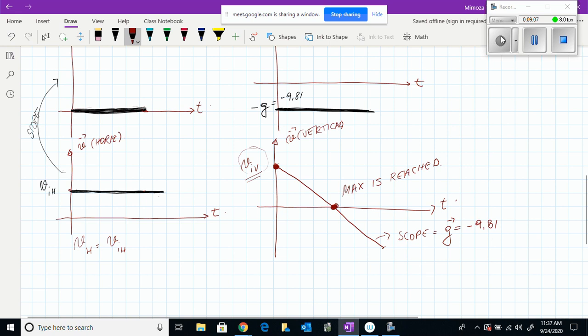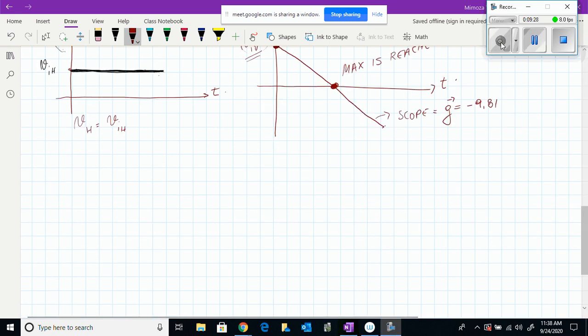The x-intercept will be the point where the maximum is reached, which means that the velocity at that point is equal to 0. We discussed this and did it mathematically yesterday, how to calculate the time that the maximum is reached. Okay. So now let's move to the displacement time graph.